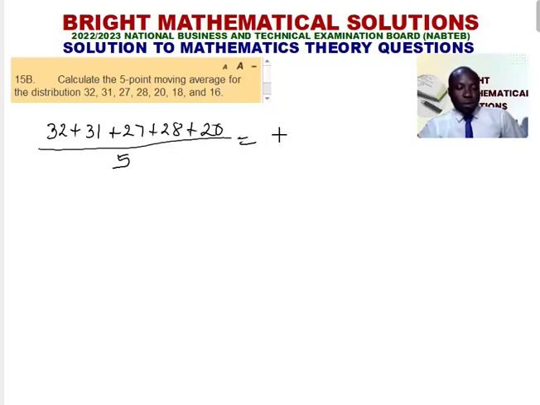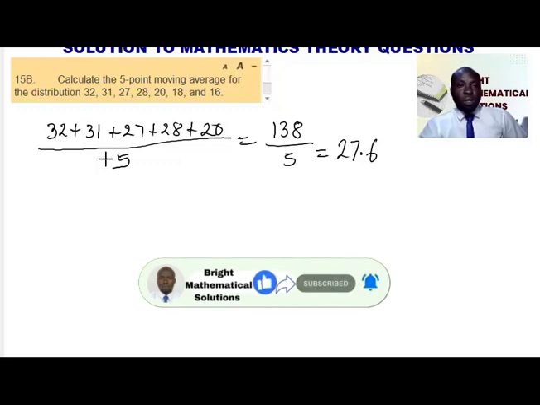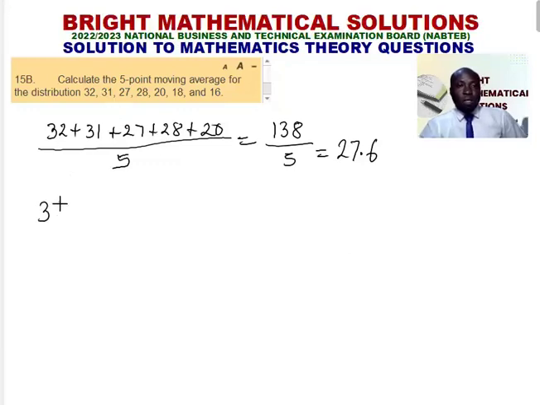This gives us 138 divided by 5. So in the final analysis, it gives us 27.6.